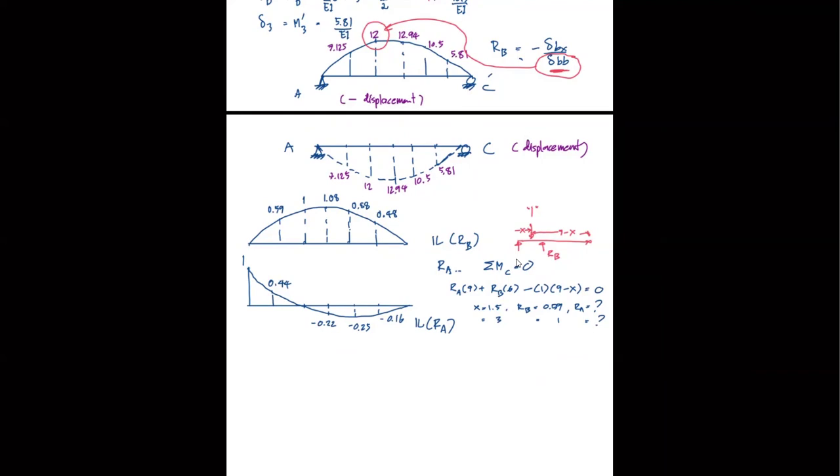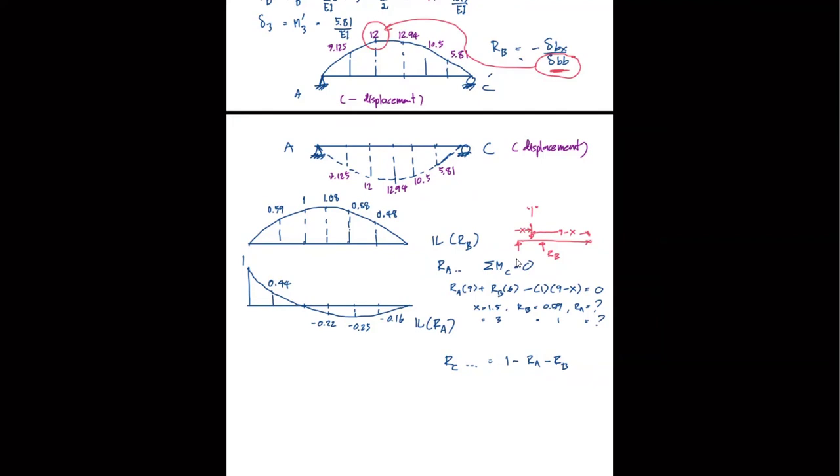What do we do with RC? Just leave some space. The easiest way to obtain RC is that it is going to be equal to 1 minus RA minus RB, right? Because now you have both RA and RB.